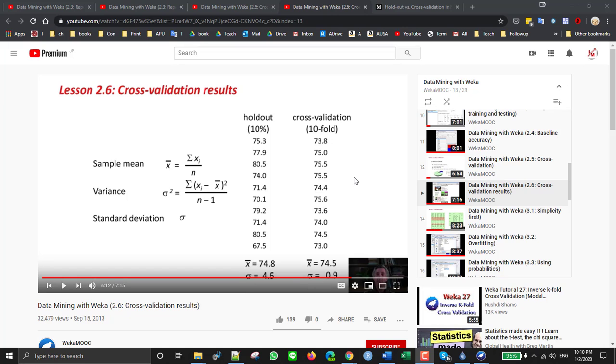Cross-validation, although it seems like the same thing as holdout when you hold out 10%, is really not, because here we're guaranteed to be testing on every single value in the data set, whereas here we're not guaranteed of that. And somehow, I'm not quite sure how, that leads to a smaller standard deviation here.